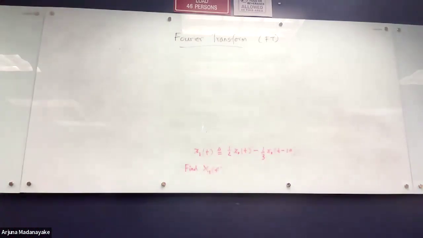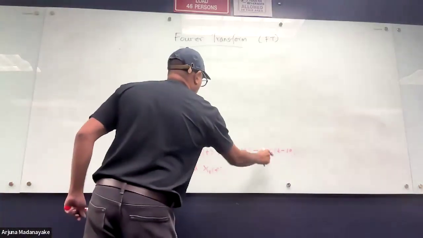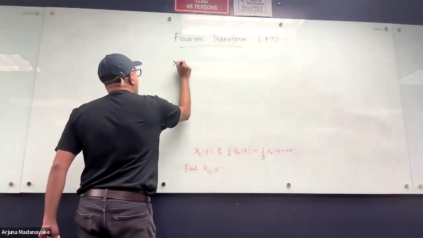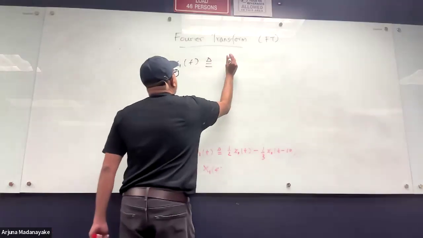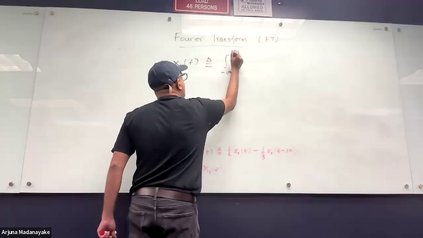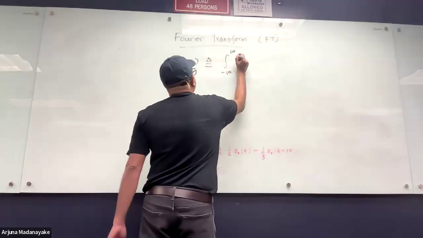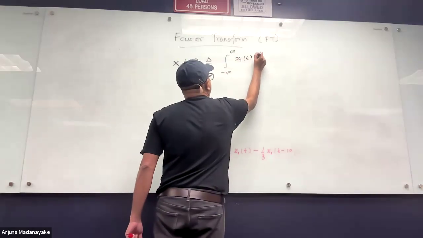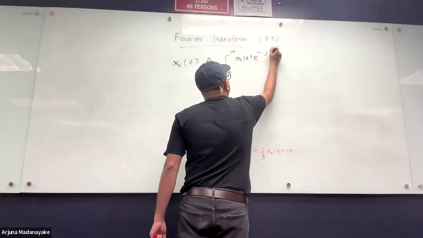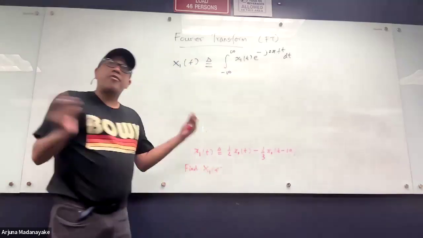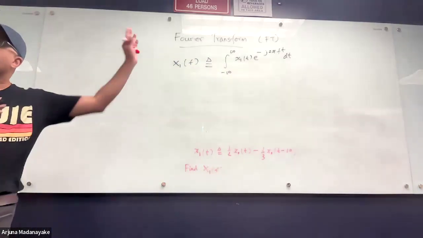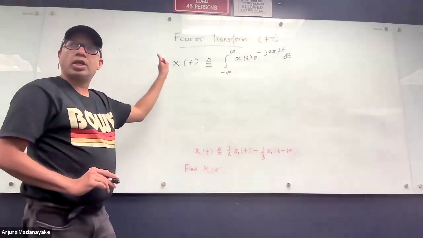Manually, I would start by applying the Fourier transform. I would say X1 of f is defined as the integral of x1 of t e to the minus j 2 pi f t dt. That's by definition, I just plugged into the definition of what a Fourier transform is.